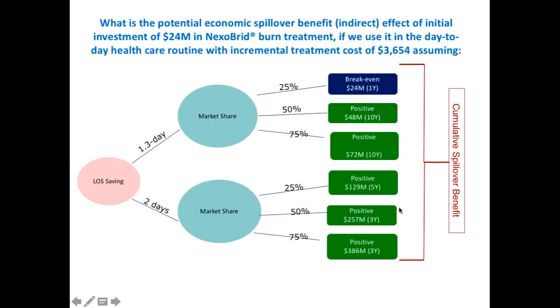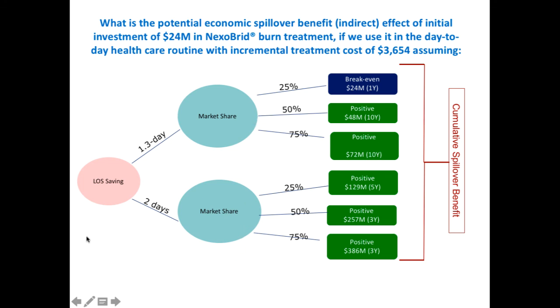So, what is the potential economic spillover benefit of an initial investment of $24 million in NexoBrid, which is a burn treatment product, if we use it in the day-to-day healthcare routine with an incremental treatment cost of 3,654? What does it mean? It means that NexoBrid is $3,650 more expensive compared to the standard of care.